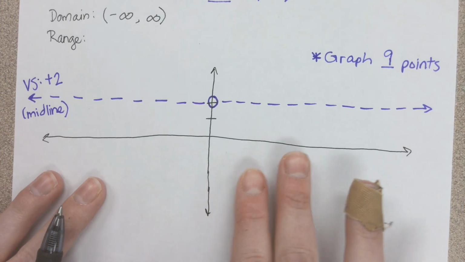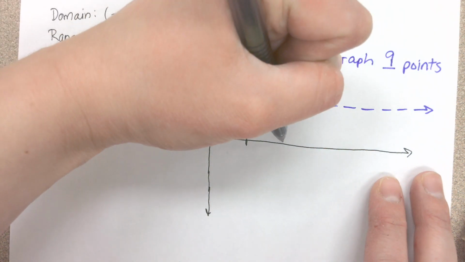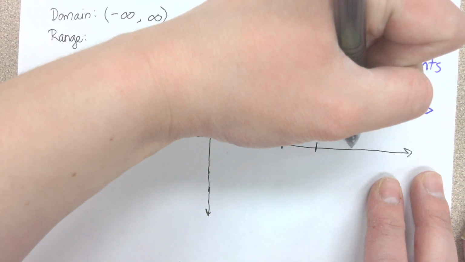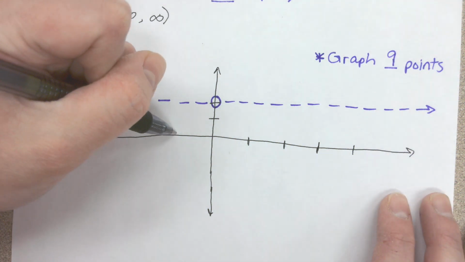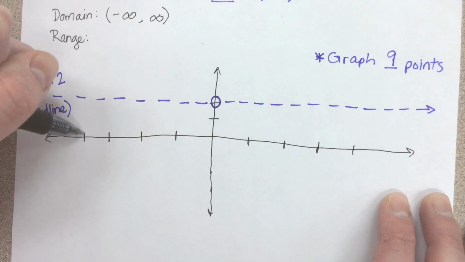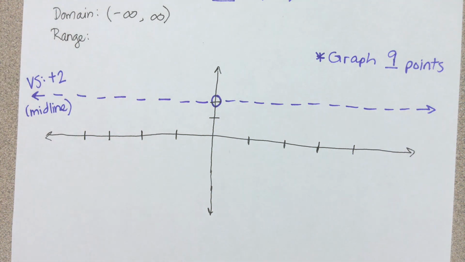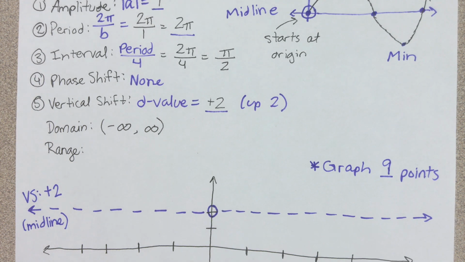So we're going to go 4 to the right and 4 to the left. This is a standard way to graph, but it is not the only way to graph. So sometimes you can get a little more creative than that. So this is why we find the interval.